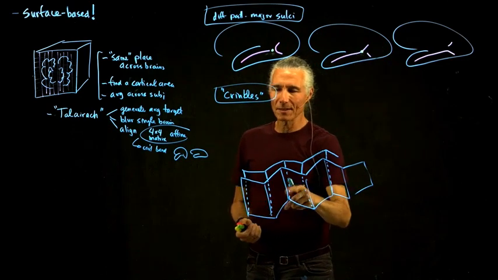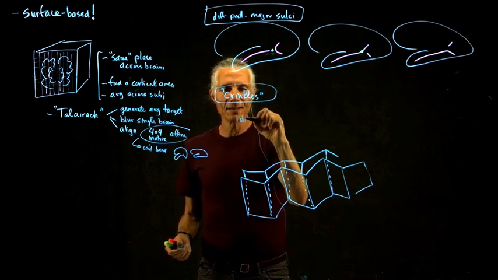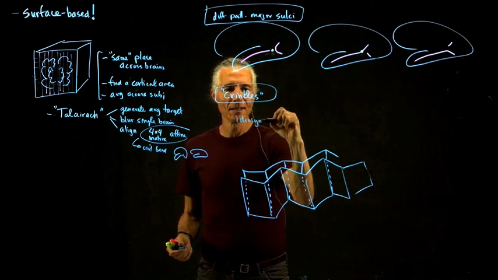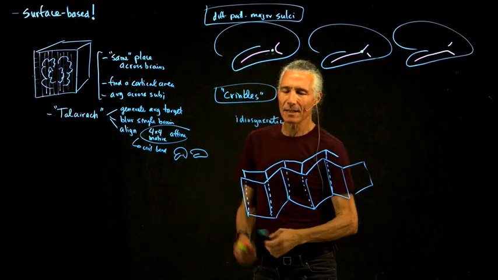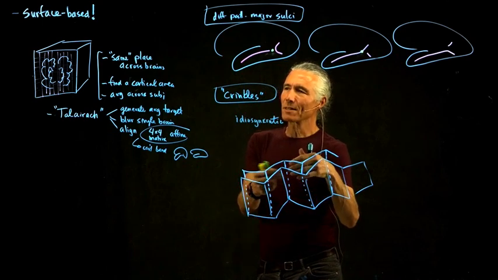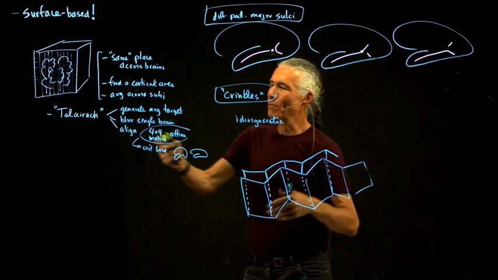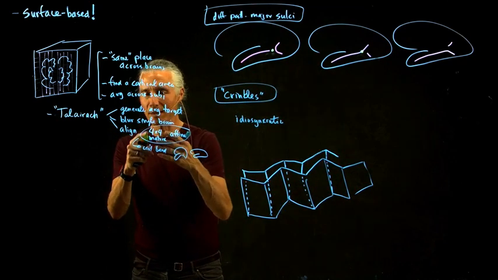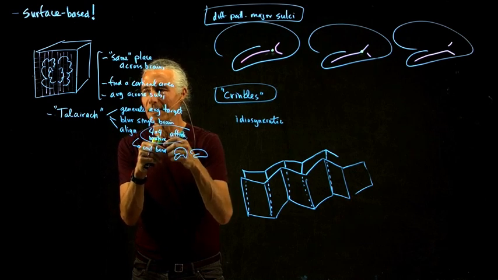And all sulci have these, but the problem with them is they're completely idiosyncratic. So when you look at one brain compared to another, the crinkles are completely different. And so that mushes the data around and misaligns it. When you use some kind of linear transformation matrix like this, it can't capture all those little crinkling and bending.